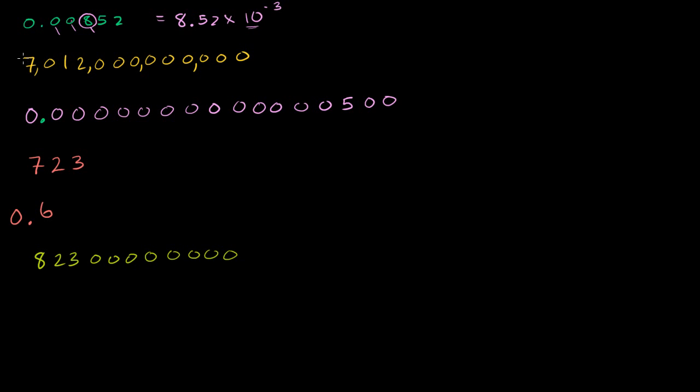So what we want to do again, we start with our largest term that we have, our largest non-zero term. In this case, it's just going to be the term all the way to the left. That's our 7. So it's going to be 7.012 times 10 to the what? Well, it's going to be times 10 to the 1 with this many zeros.